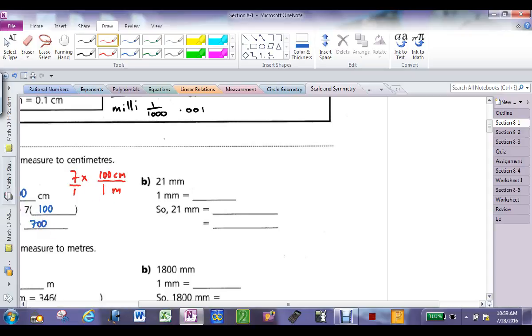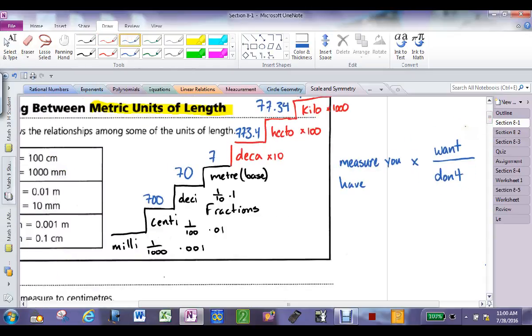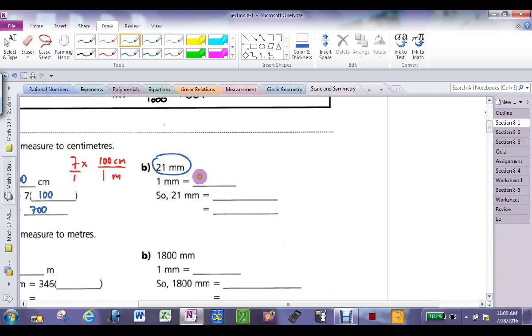Everybody good? Okay. On this one, let's do the steps. 21 millimeters. So where do I start? Millimeter. 21. I'm going up to centimeters. So where does the decimal go? 1 to the left. So it becomes 2.1. Cool? All right. So now we know that this is going to be 2.1 centimeters. Now let's do the other thing.